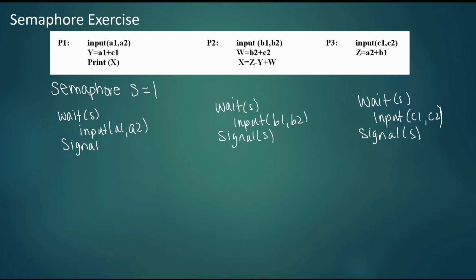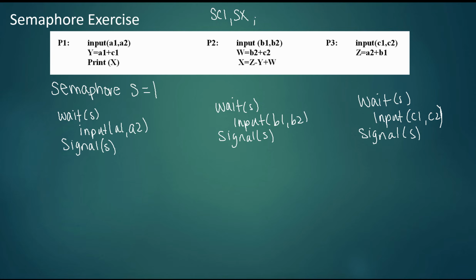These waits and signals do not have anything to do with letting the other processes know that the correct values have been input. We need to use additional semaphores for that. So what semaphores do we need? Well, P1 needs a semaphore for C1, so I'm going to call that SC1. It also needs a semaphore for X, so I'm going to call that SX.